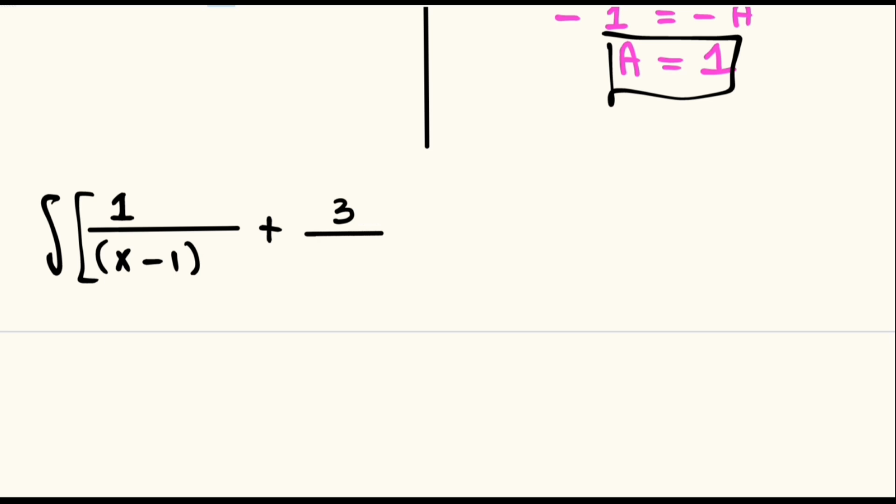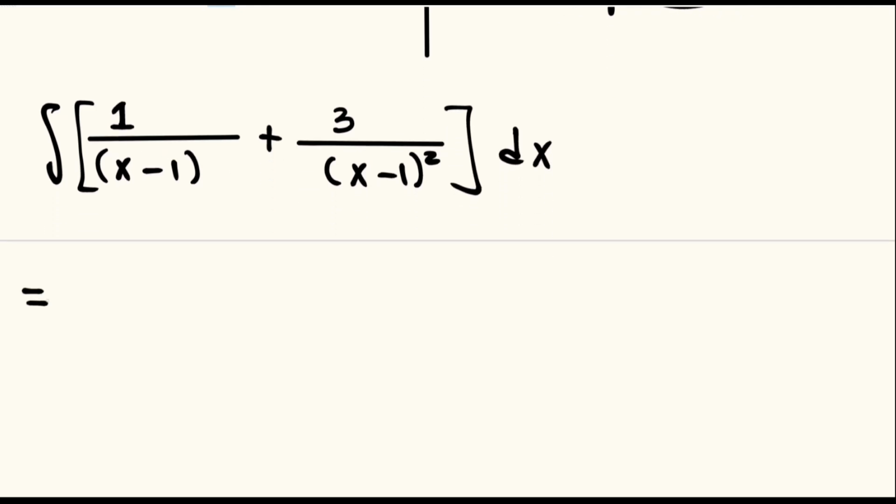We determined it as 3 divided by (x minus 1) raised to the power 2, dx. We distribute the integral sign and the dx inside the parentheses.